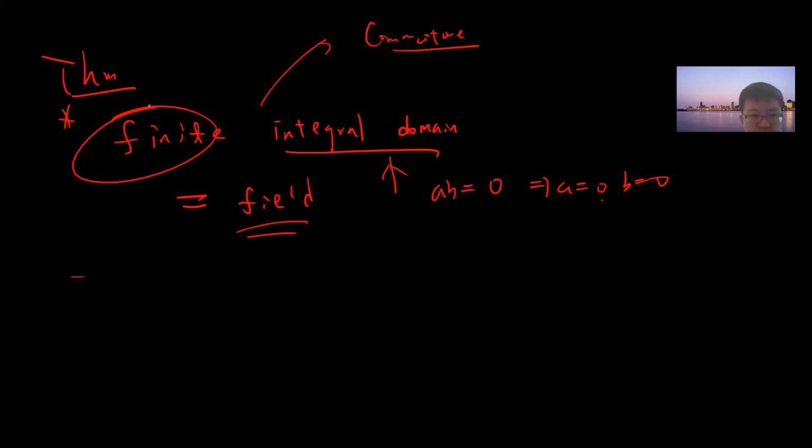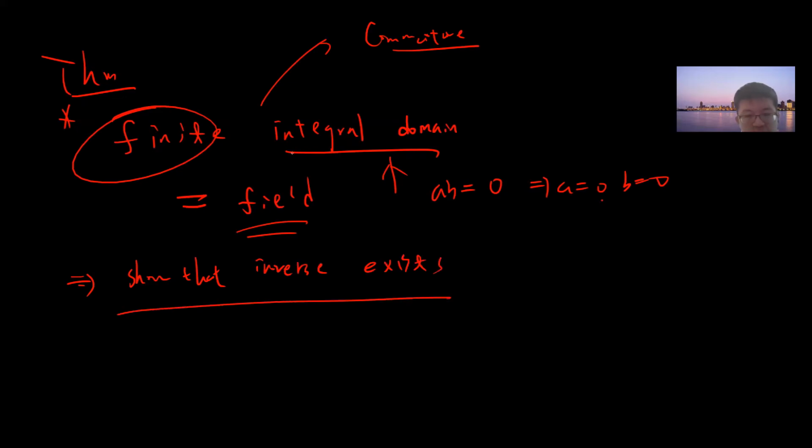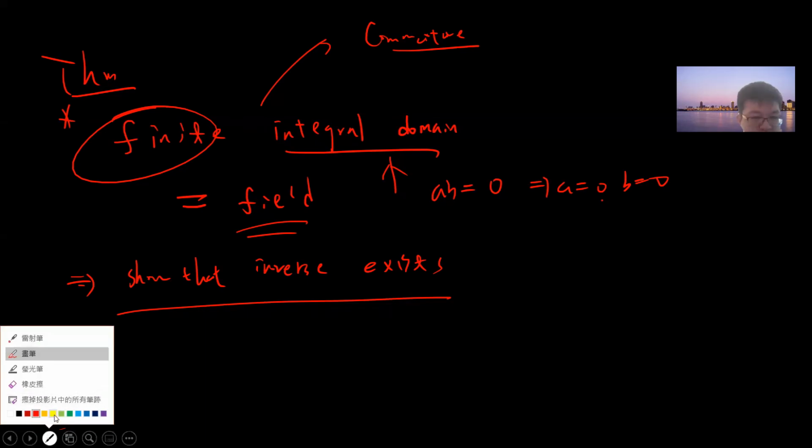So basically, we need to show that the inverse exists. If the inverse exists, then everything will be trivial, right? Because the integral domain is already commutative, and if the inverse exists, then we definitely have the unit. Okay, so let's see a proof.